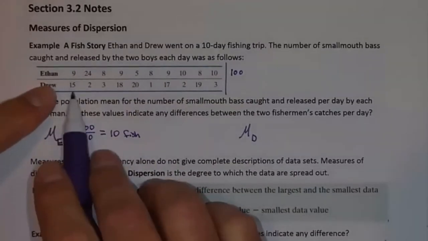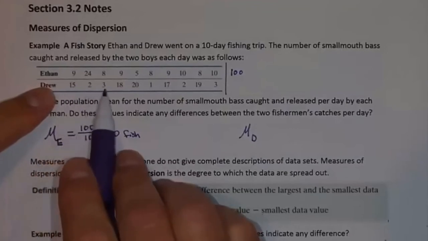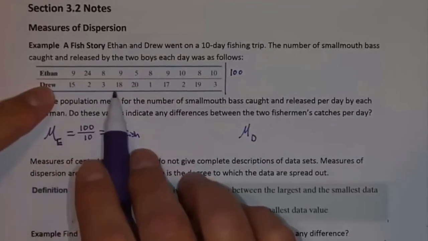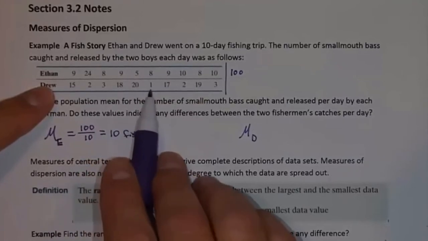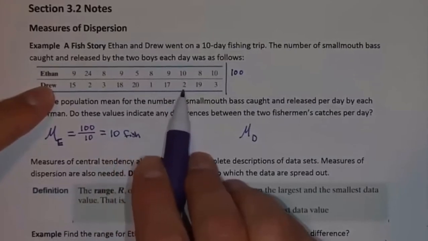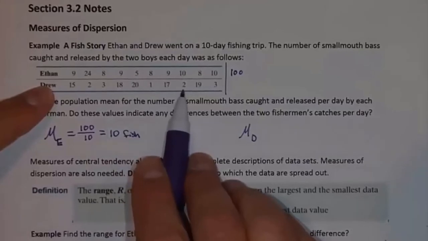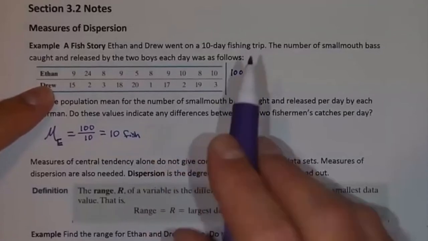Well, what about Drew? Well, if I add up 15 plus 5, that's 20, plus 18 is 38, plus 20 is 58, plus 1 is 59, 69, 76, 78, 97, 100.